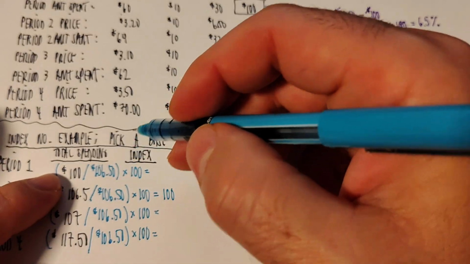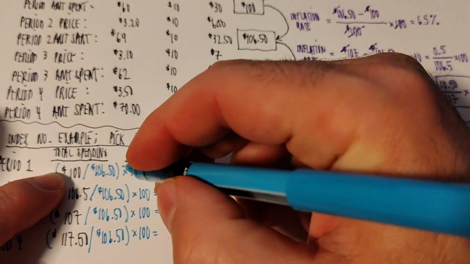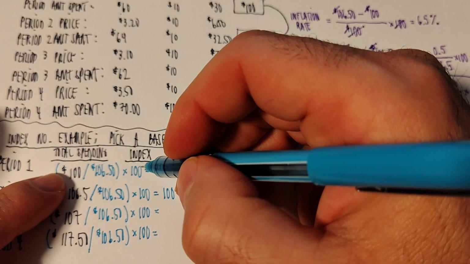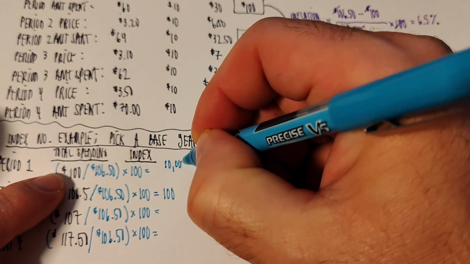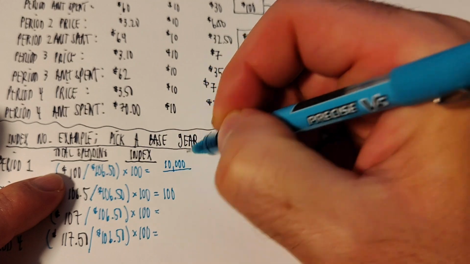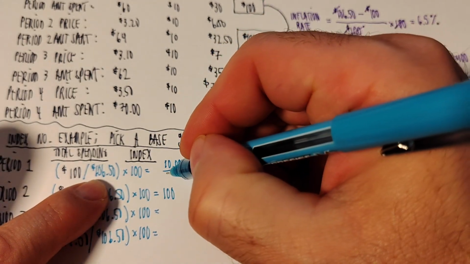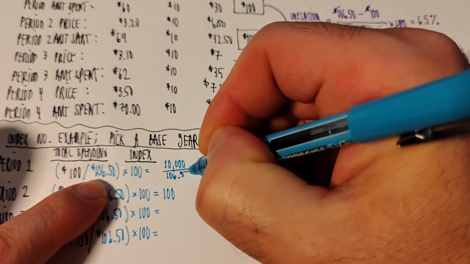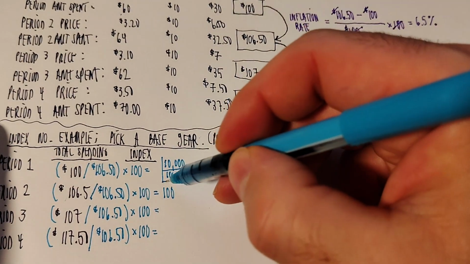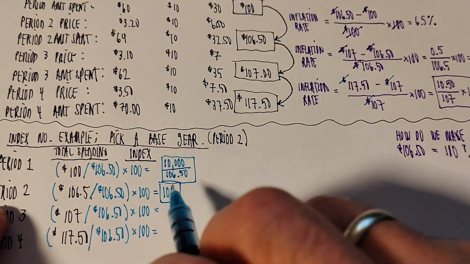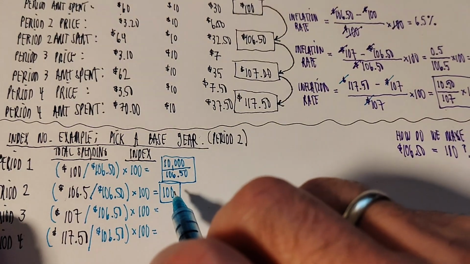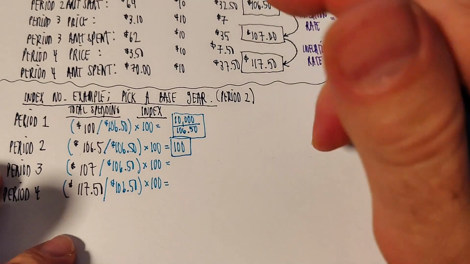So the index number here is going to be equal to, what's 100 times 100? It's going to be 10,000. So that's 10,000 over 106.5. This is already equal to 100 because it is the base year. We already know that in the base year, the index number is always equal to 100.